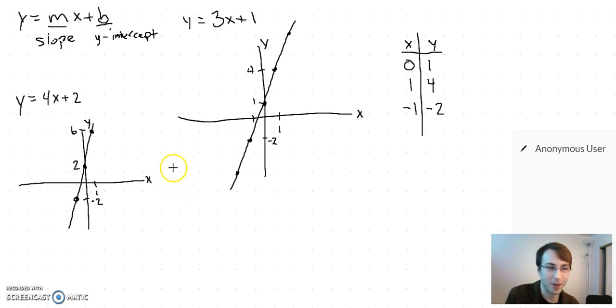What else should we talk about? Oh, why don't we try some more weird equations? I'm going to get rid of these drawings here.